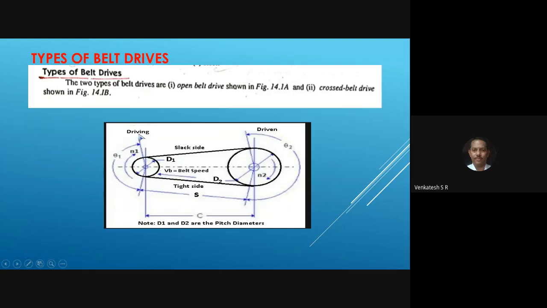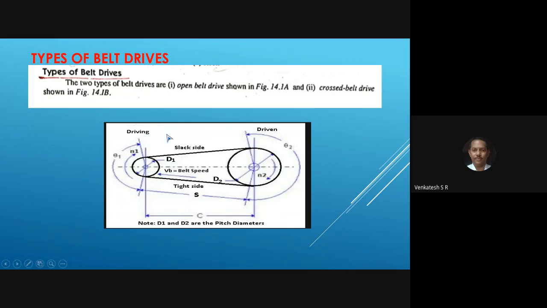If you rotate the driving pulley one complete 360-degree rotation, how much rotation will you get in the driven pulley? For one rotation of the driven pulley, how many times do you have to rotate the driving pulley?